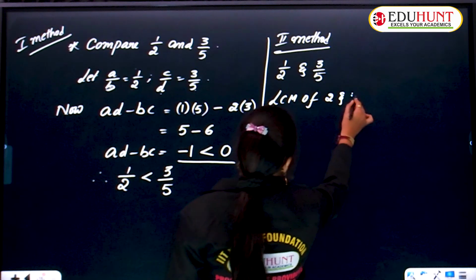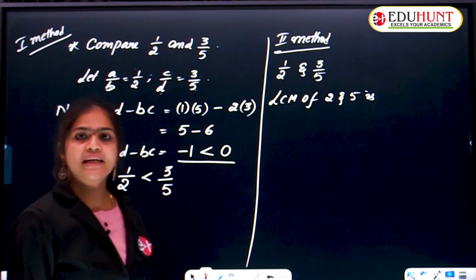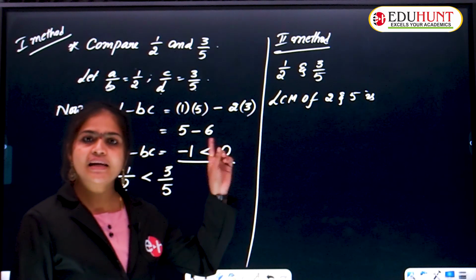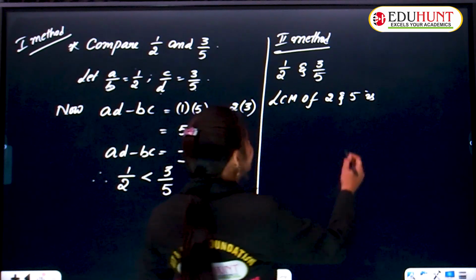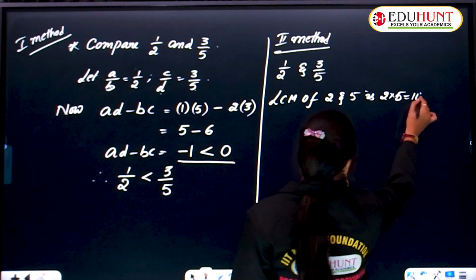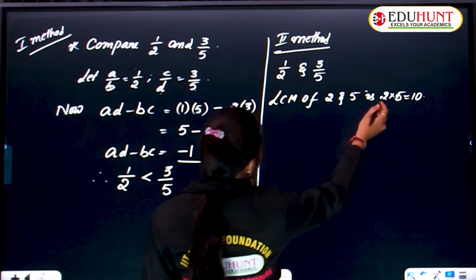Both are prime numbers. Then how do we take the LCM of prime numbers? We know that condition: if the given numbers are prime numbers, then their LCM is their product only. Then 2 fives are 10. So the LCM of 2 and 5 is 10.